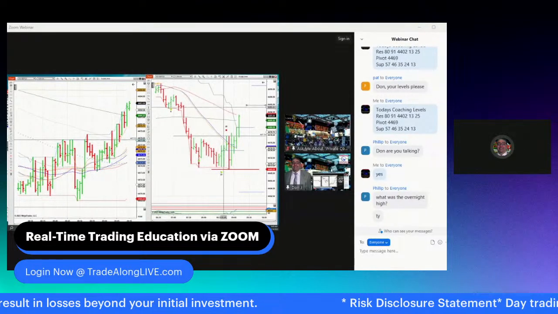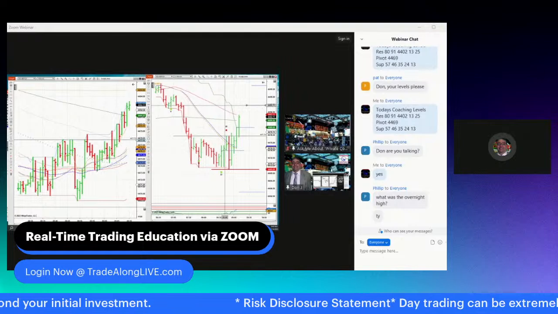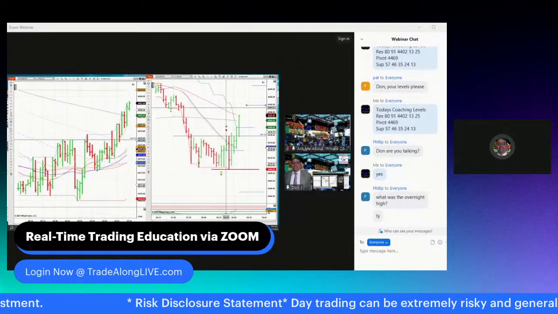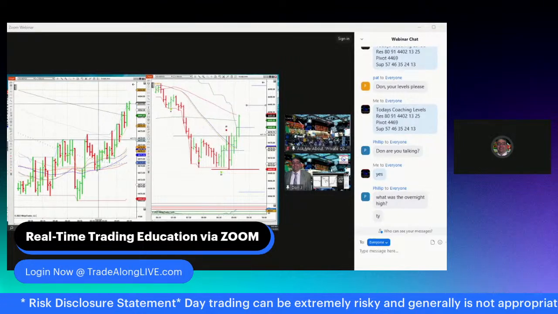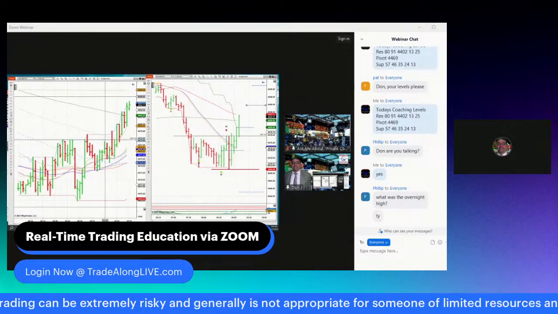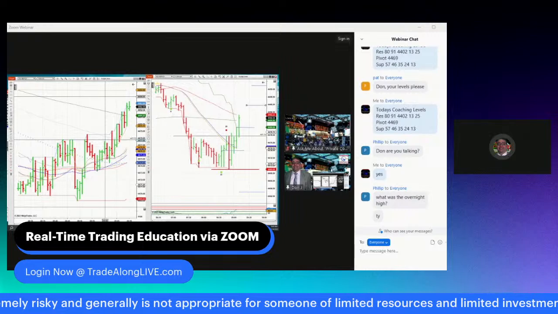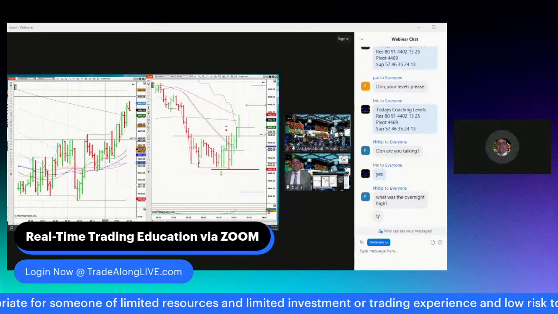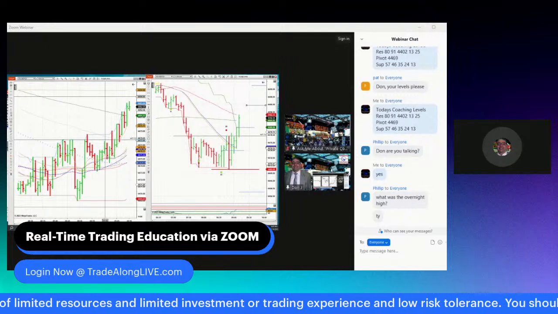I've got some at the 85, 86 area, right in this range. And I've got a little bit right here at the 84. It's just how much risk tolerance do you want?